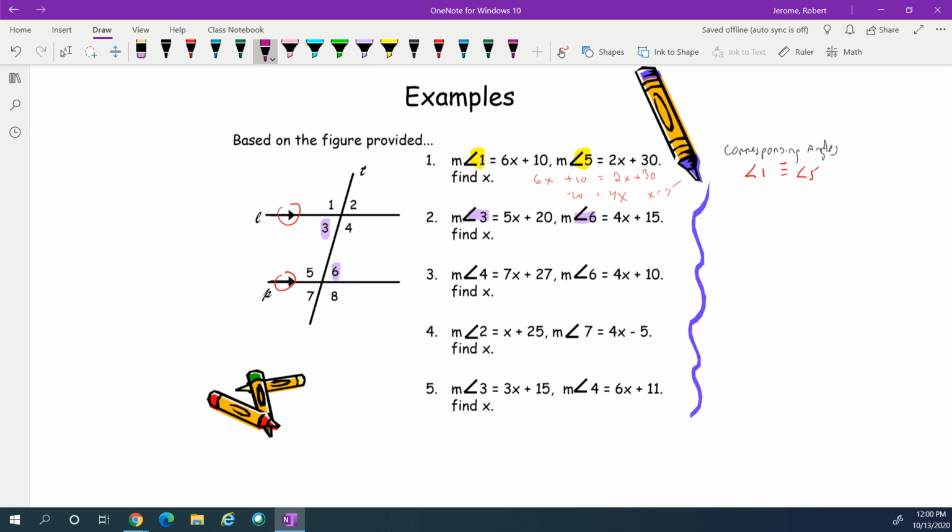Well, 3 and 6 are alternate interior. And since we have parallel lines, alternate interior angles are congruent. So angle 3 is congruent to angle 6. 5x plus 20 equals 4x plus 15. And of course, we can go ahead and do some work.